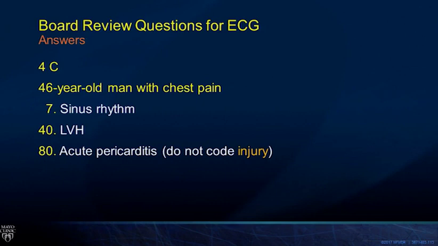I code it out as sinus rhythm, left ventricular hypertrophy, since it meets criteria, but again, that wouldn't be the big scoring diagnosis here. The biggie would be acute pericarditis.